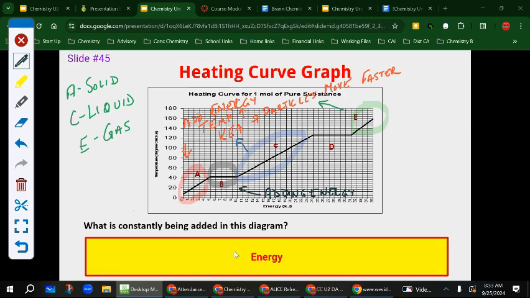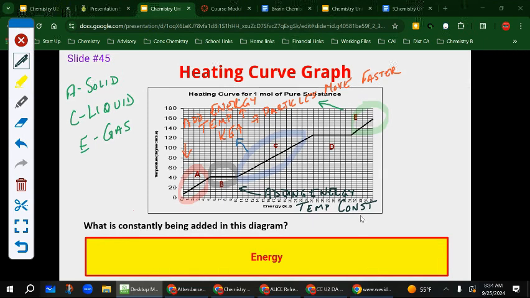Okay, questions? All right, good. Hang on a second. Okay, what's happening to temperature? It's increasing? Temperature is constant. What does that mean?